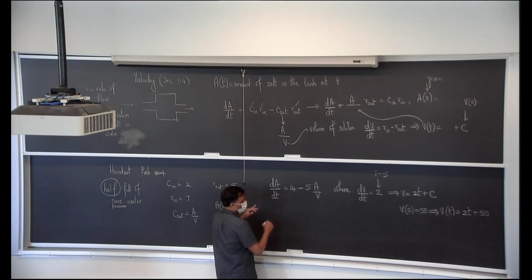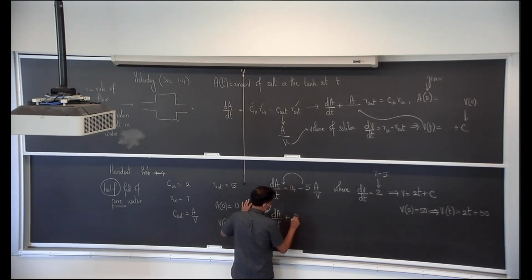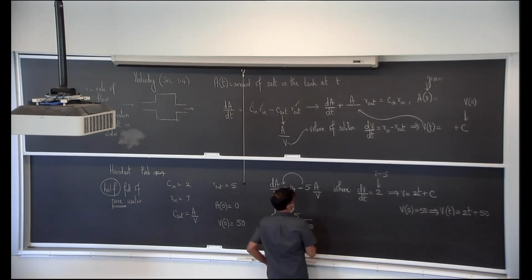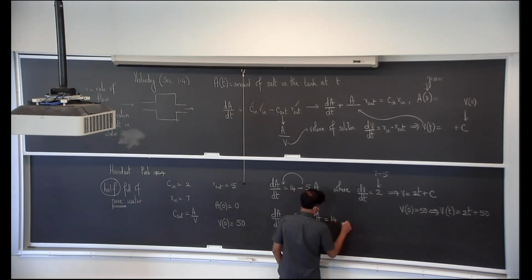Okay. Not too bad. So dA dt, let's bring it to the left-hand side, plus 5 divided by 2t plus 50 times A equal to 14, with A of 0 equal to 0.